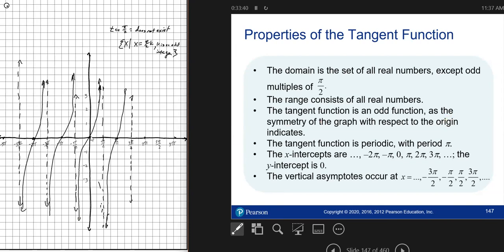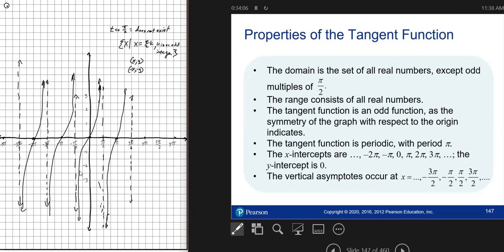So this point here has a mirror image down here. If (x, y) is on the graph, then (negative x, negative y) is also. So if (3, 3) is on there, then (negative 3, negative 3) is on there.